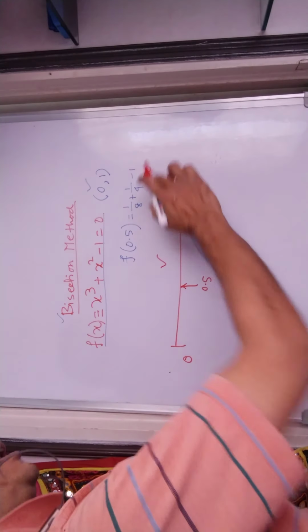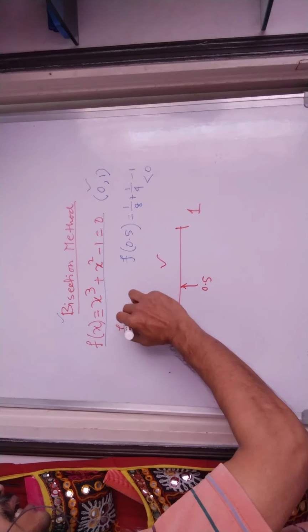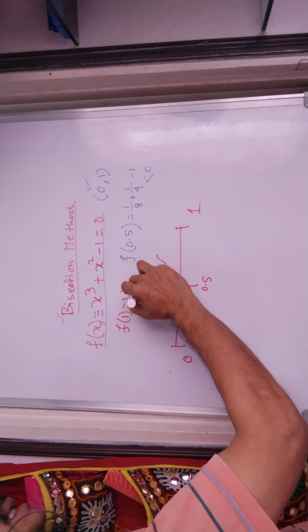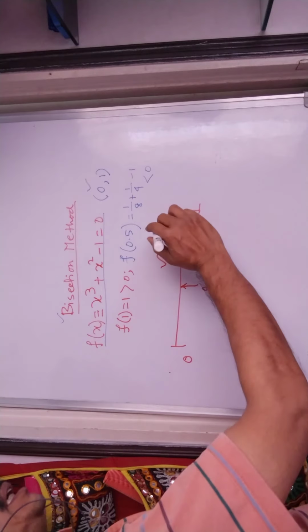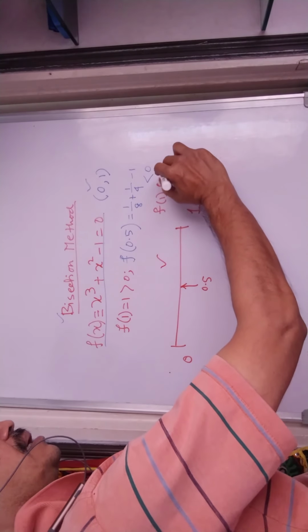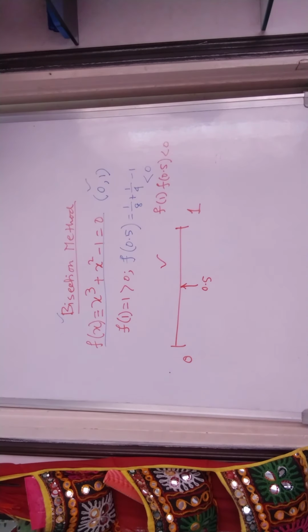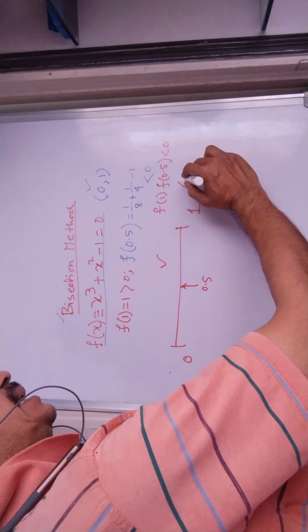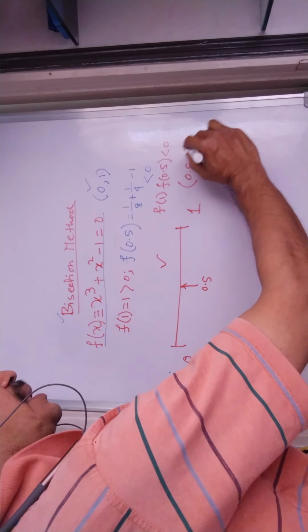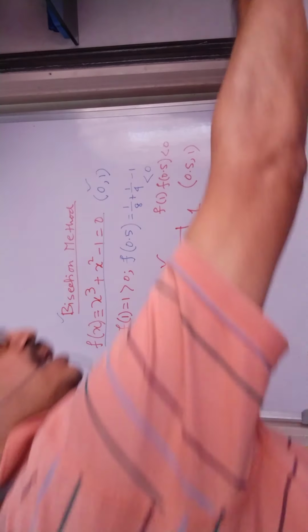Since f(0.5) is negative and we know that f(1) is positive, so f(1) times f(0.5) is negative. They are of opposite sign and the root lies in between this interval. So we tend to halve it again.